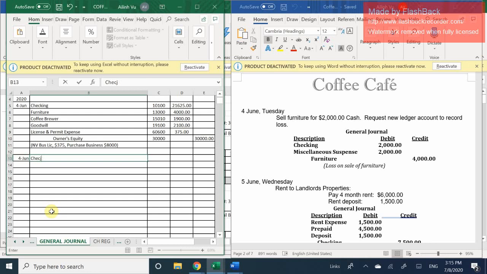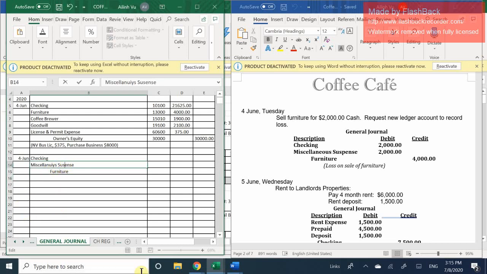So on June, I have an account called miscellaneous suspense. In order to do that, we had to sell our furniture, so we no longer have that furniture anymore. So we need to create a credit in the account for furniture because we sold our furniture. Miscellaneous suspense. Oh, I spelled that wrong.